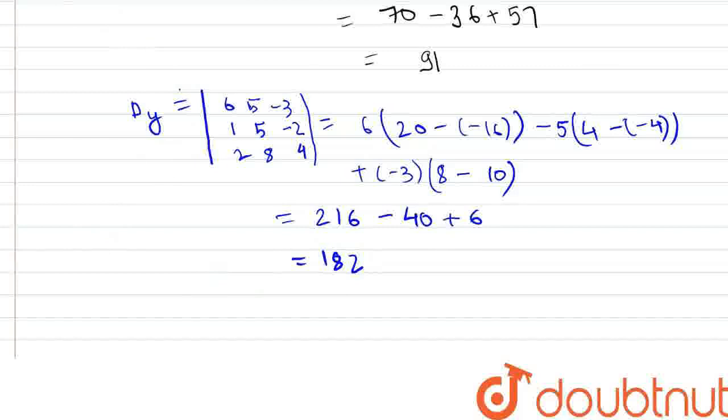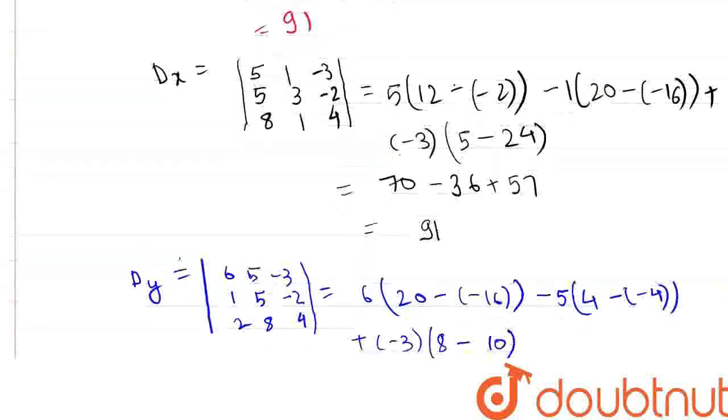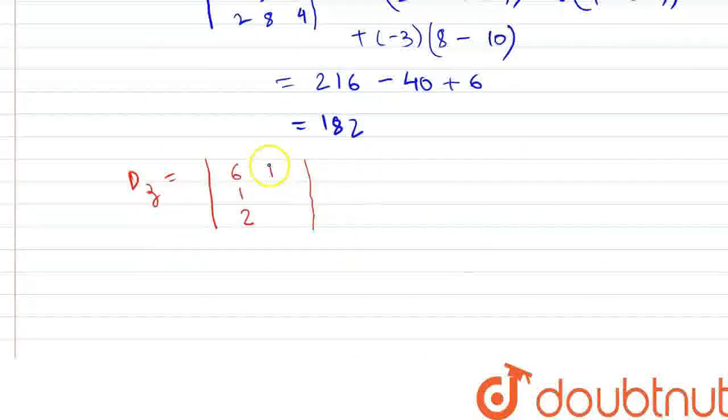Now the last determinant that we need to calculate is Dz. For Dz, we keep the x coefficients and y coefficients the same as in determinant D, so it would be 6, 1, 2 and 1, 3, 1. Instead of the z coefficients, we keep the constants 5, 5, 8.